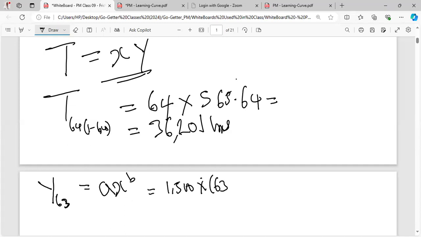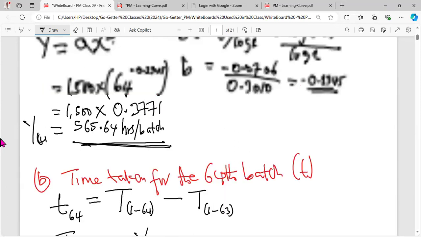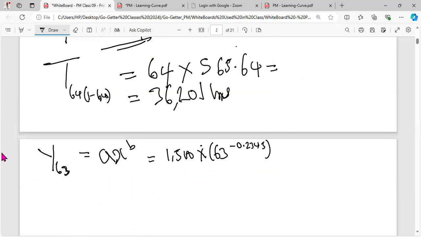Now instead of 64, we are using 63. Then raised to power minus 0.2345. I think that's what we use, 0.2345.